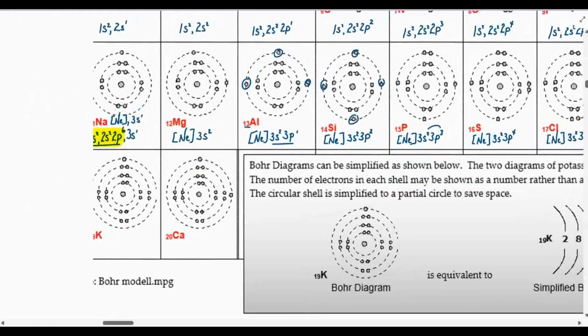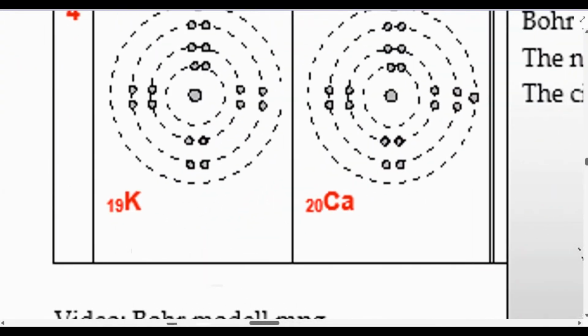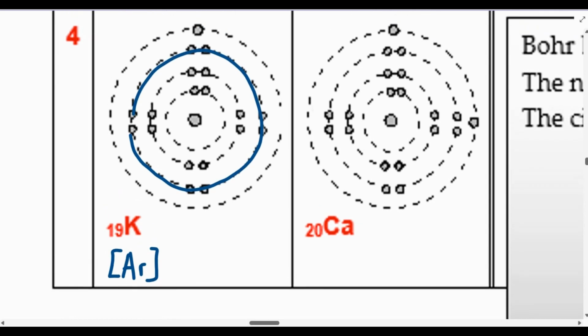We've got 2 more we can do here. Potassium. Now, rather than writing everything out, we could say the first 18 electrons are like argon, and here they are, the first 18, and then there's one more, so we'll write 4s1. Calcium would be like argon, first 18 electrons, 4s2.